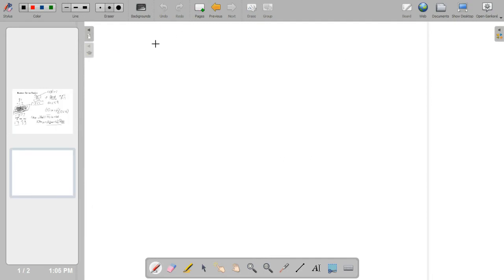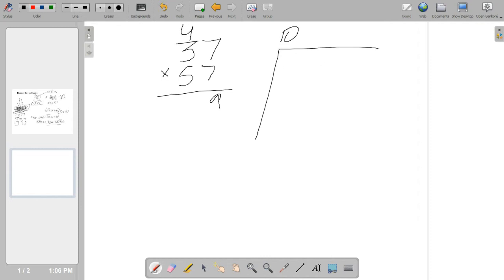Okay, so now let's try another example. 37 times 57. Okay, so now we want to get the ones place times the ones place. That's 49. Oh yeah, now that I'm multiplying bigger numbers, I should mention this. For number sense, I recommend that you know at least your multiplication charts from 0 times 0 all the way to 10 times 10.